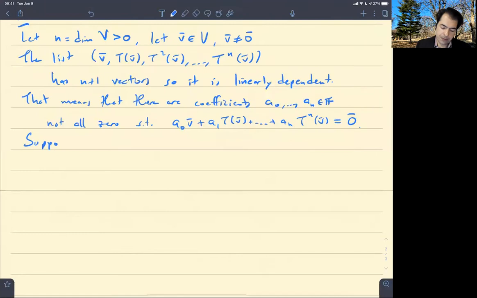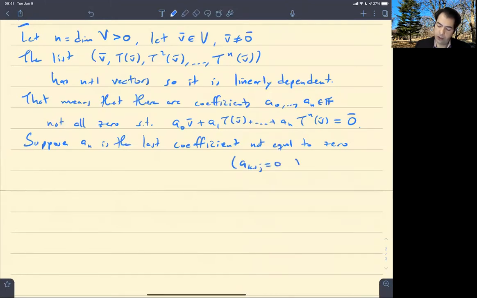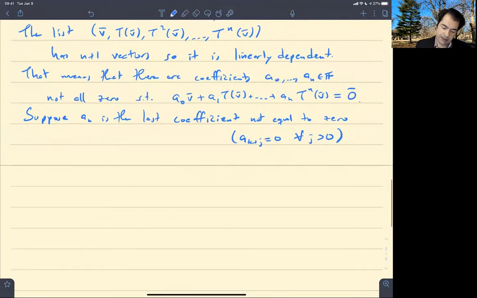So let's suppose ak is the last coefficient not equal to 0. I'm just saying that a_{k+j} is equal to 0 for all j greater than 0. And let p of x be the polynomial a0 plus a1 x plus dot dot dot plus ak x to the k.